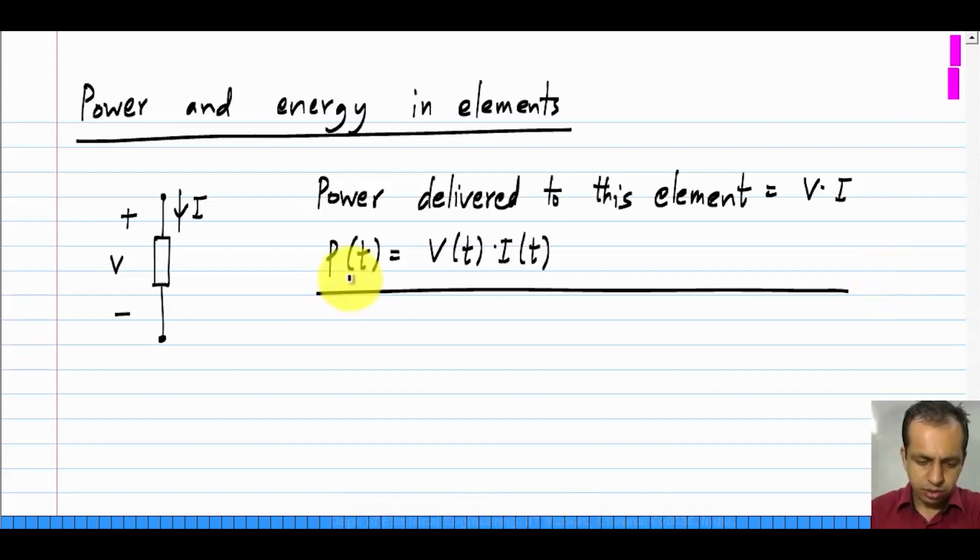Now, if this P is more than 0, remember V and I can have any values, we are not discussing any particular elements here. V and I can have any values and the product P can be either more than 0, 0 or less than 0. If P is more than 0, that means that the element is absorbing power at that instant. And if P is less than 0, the element is delivering power. Negative power is being delivered to the element, which means that the element is actually generating power or delivering power to the rest of the circuit.